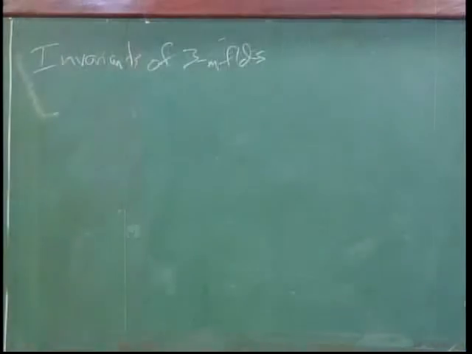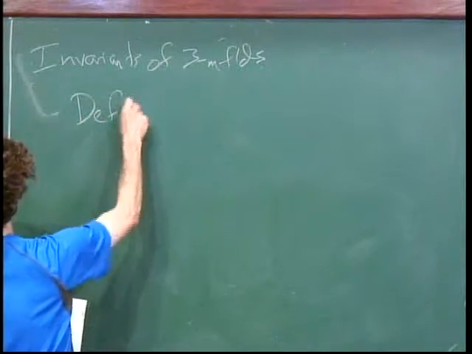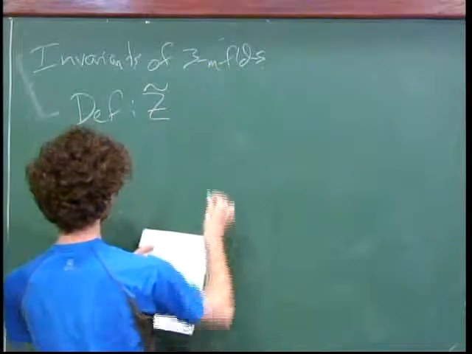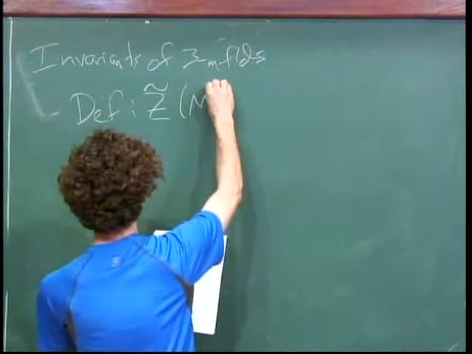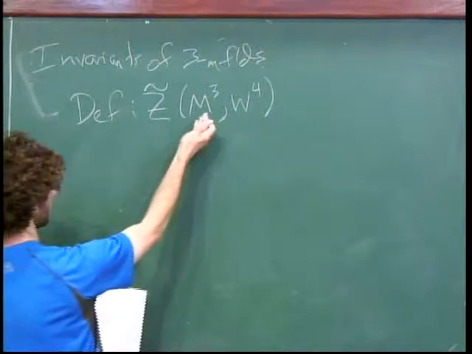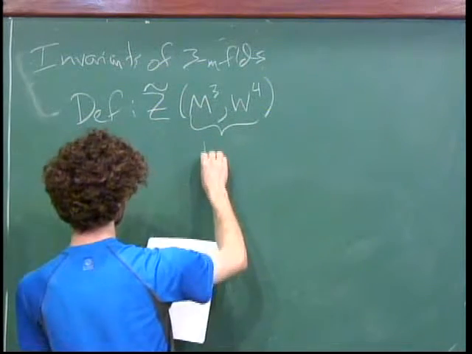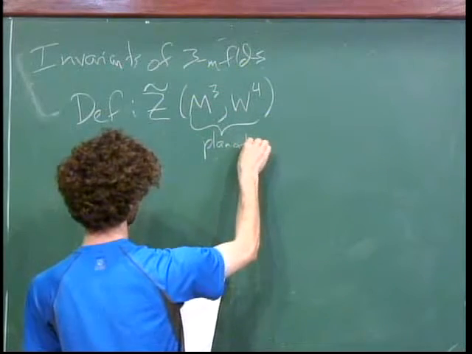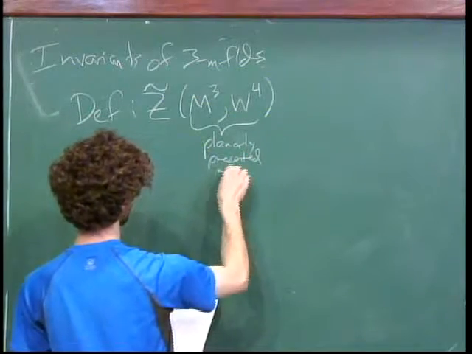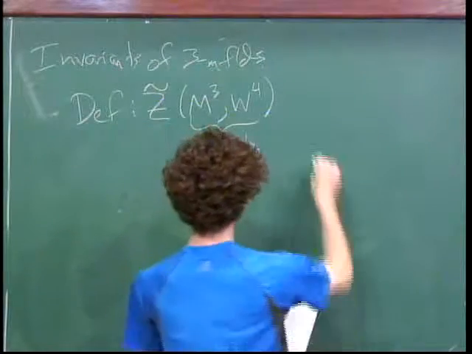Okay, so maybe I'll just write down the formula and leave it there. Now I'm going to define Z-twiddle, which is no longer a field theory, but is going to be a three-manifold invariant. I'm going to input, let me denote by this pair, perhaps confusingly, one of these planarly presented manifolds, just so I know how to apply my procedure as described here.